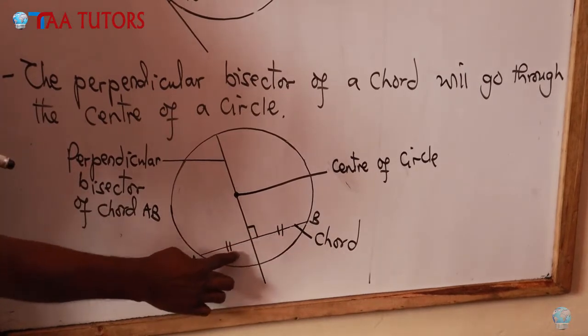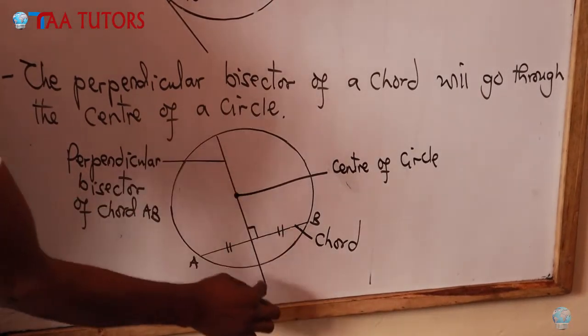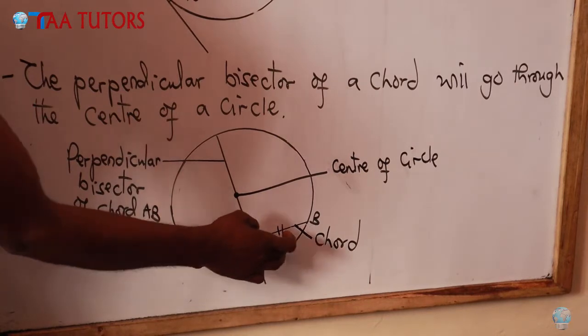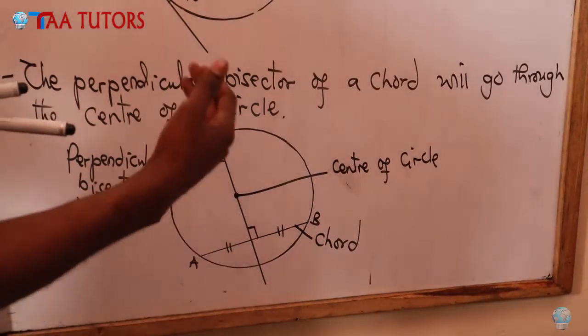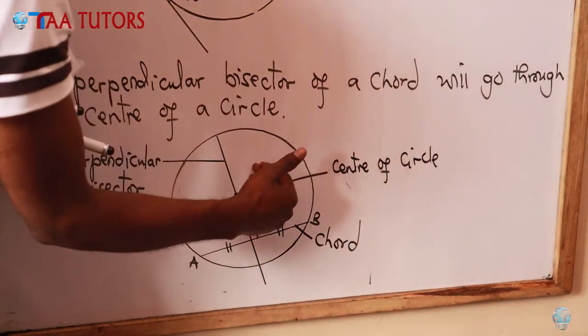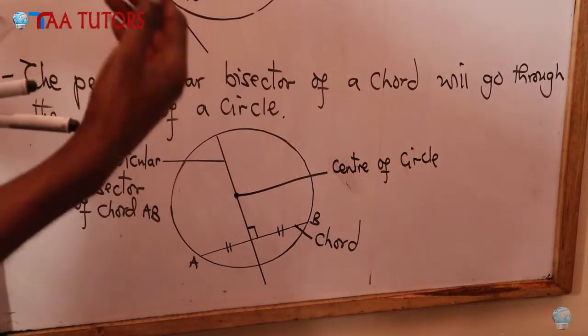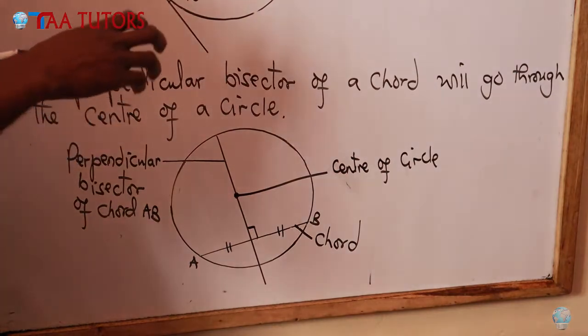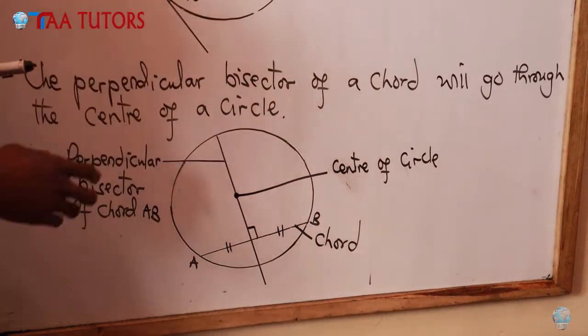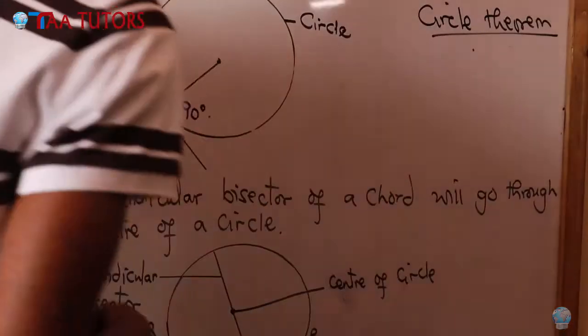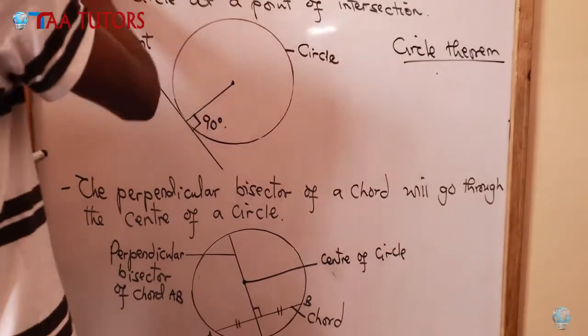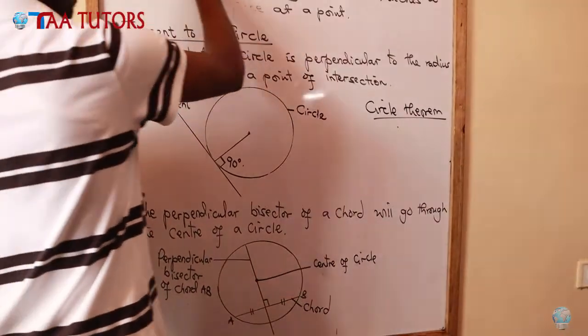That's why you see these marks here: they indicate that the perpendicular bisector is dividing this chord into 2 equal parts, and as such also dividing the circle into 2 equal parts. I want us to look at some examples that apply these two concepts, to appreciate how they can be used. So let's look at example 1.